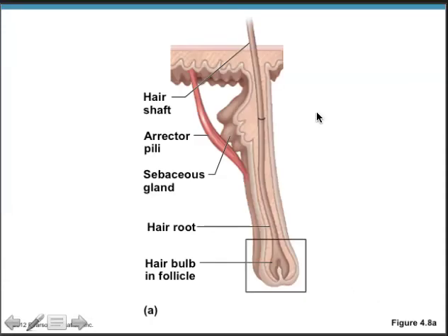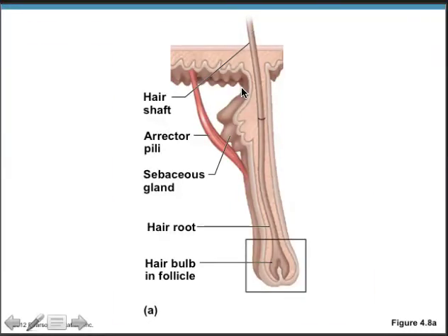You can see the hair shaft protruding through the epidermal and dermal layers, the erector pili muscle, the associated sebaceous gland, the root, and of course the hair bulb that is down here at the very base of the follicle. Okay, so it's the follicle that's responsible for this essentially dead hair appendage, or dead cellular appendage.